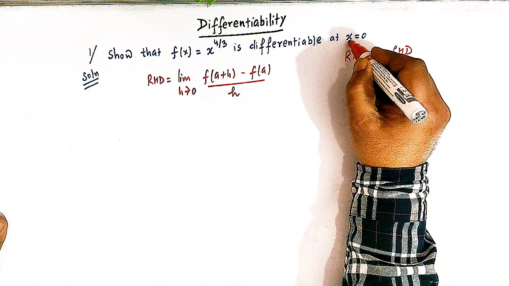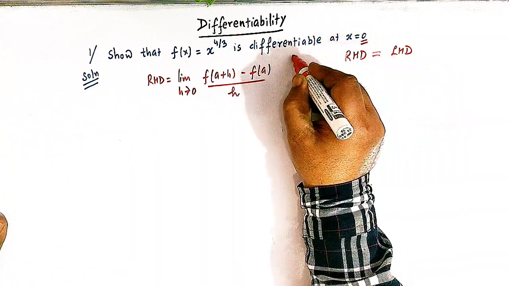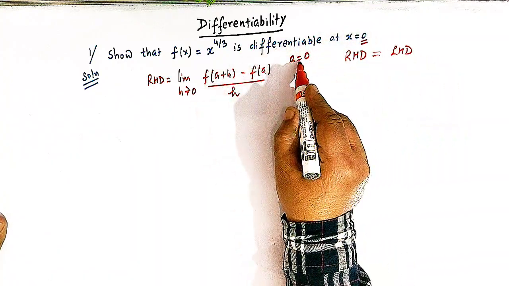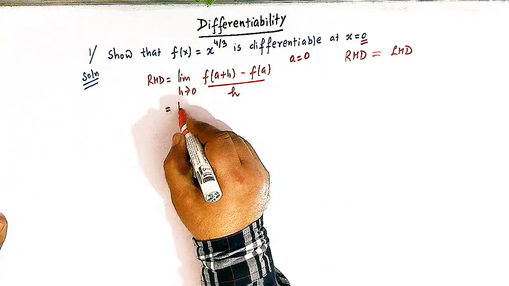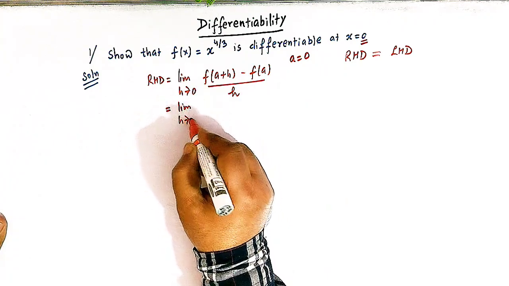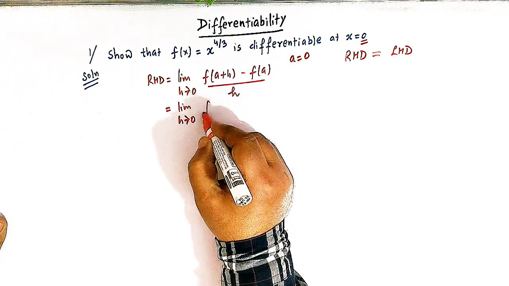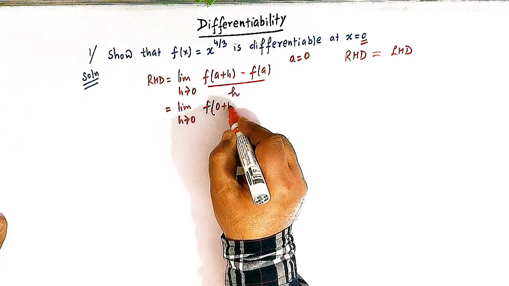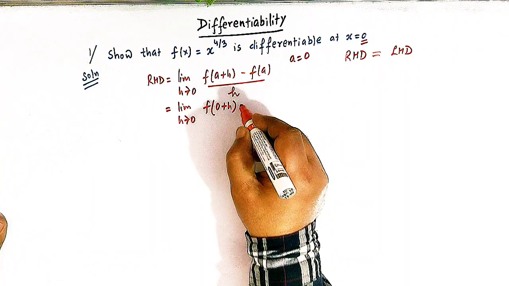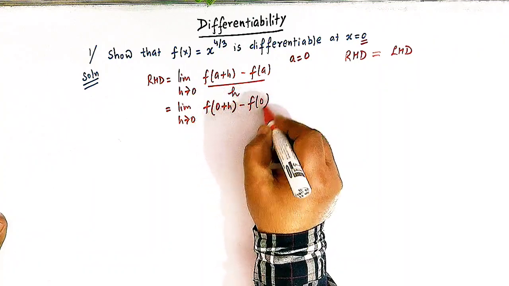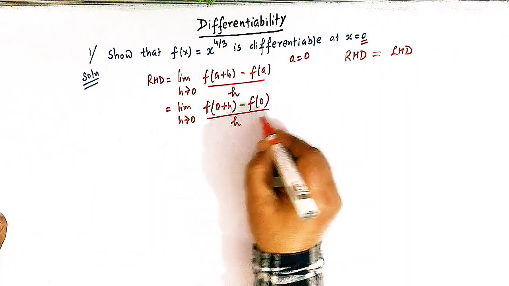Here we have x equal to 0, so a is equal to 0. So now we have limit h tends to 0, f of 0 plus h minus f of 0, divided by h.